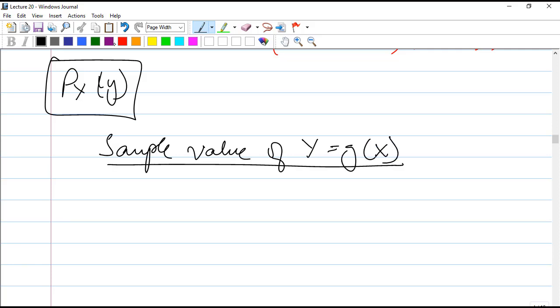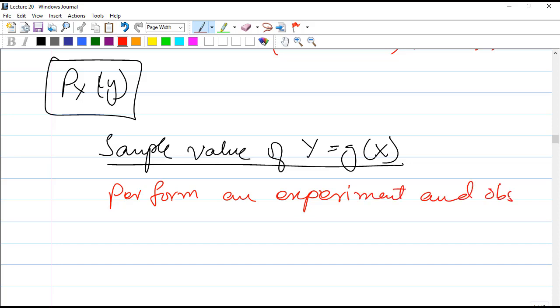So how could that be obtained? Perform an experiment and observe an outcome s.